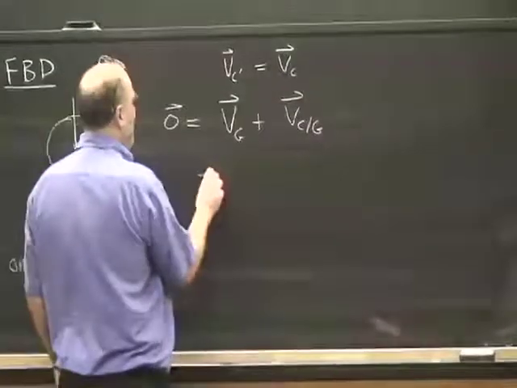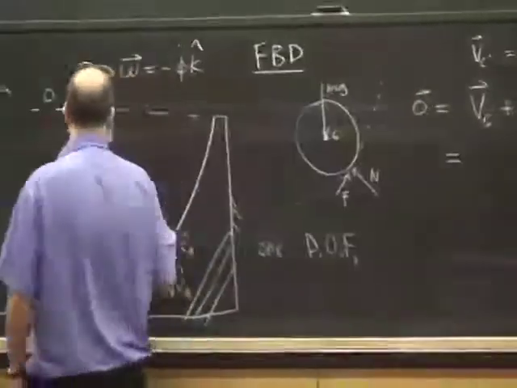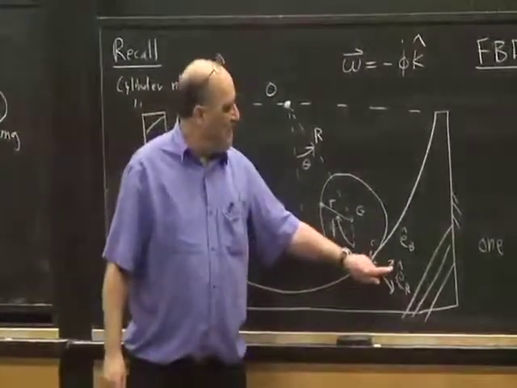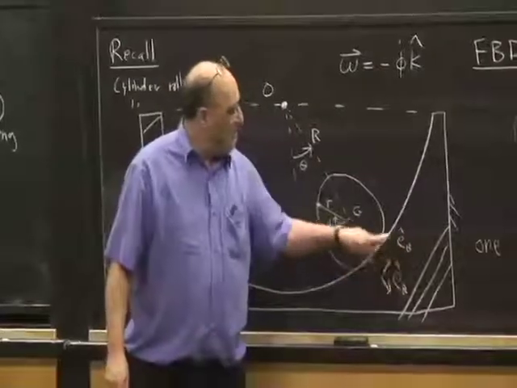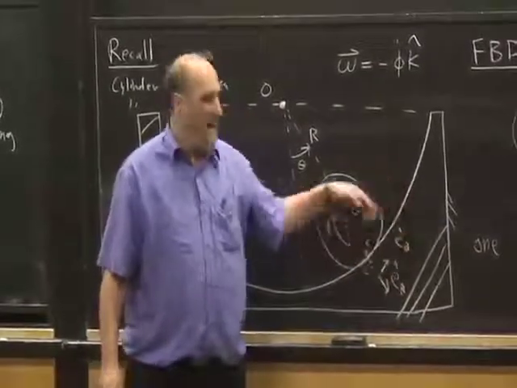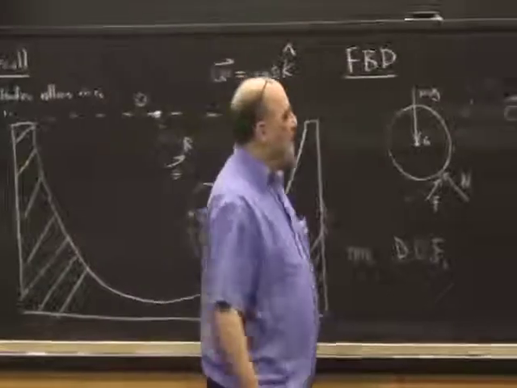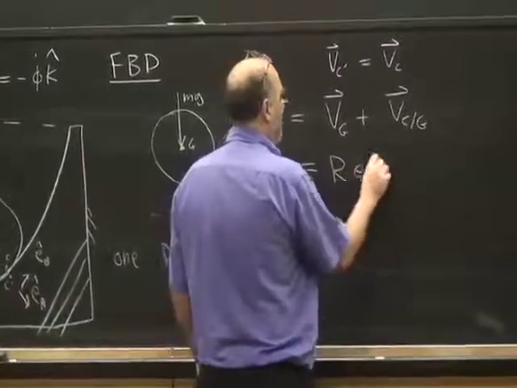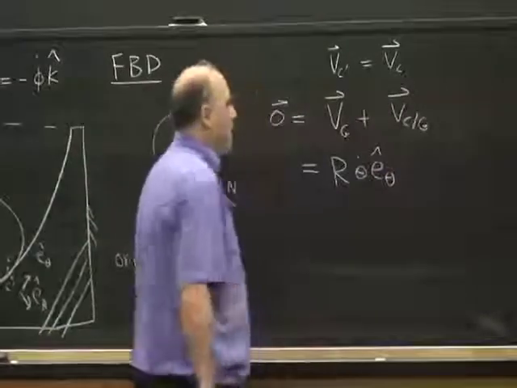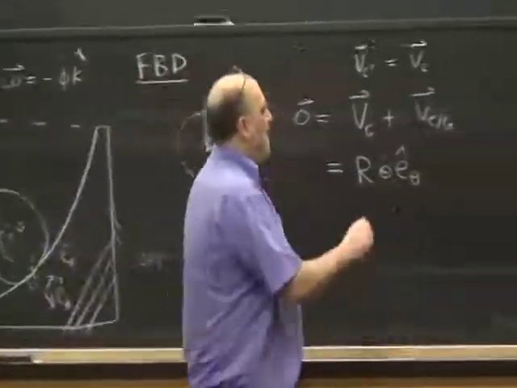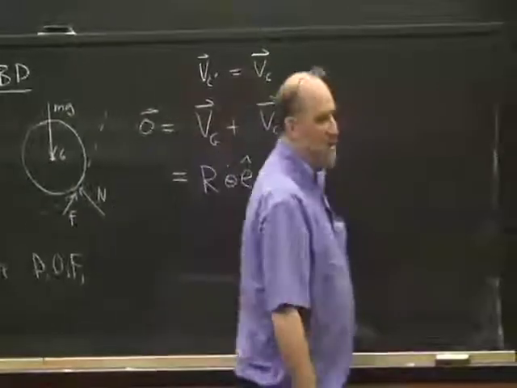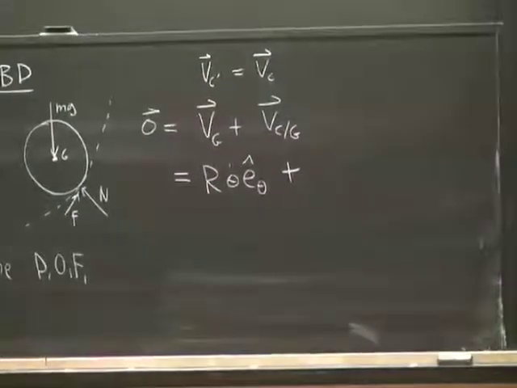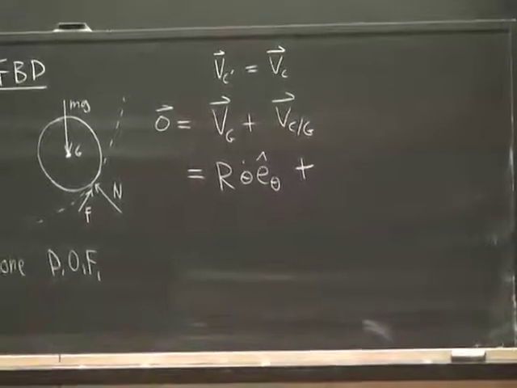Okay, what is the velocity of G? Well, G is just moving in circles, and we know how to keep track of things moving in circles using polar coordinates. We're going to use these polar base vectors which change in time as this thing moves along. The velocity of G is equal to capital R theta dot e theta. And then what's the velocity of C with respect to G? These are 2 points on the same rigid object, and all 2 points on a rigid object can do is go in circles around each other.